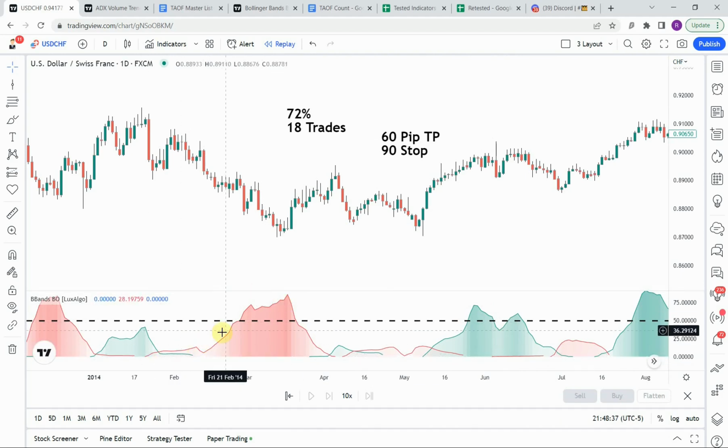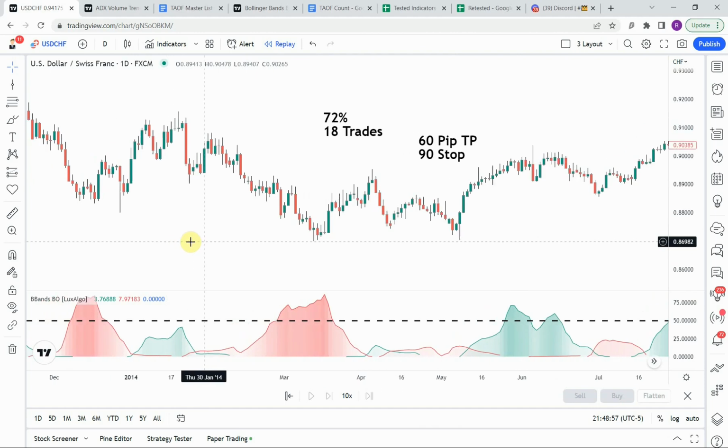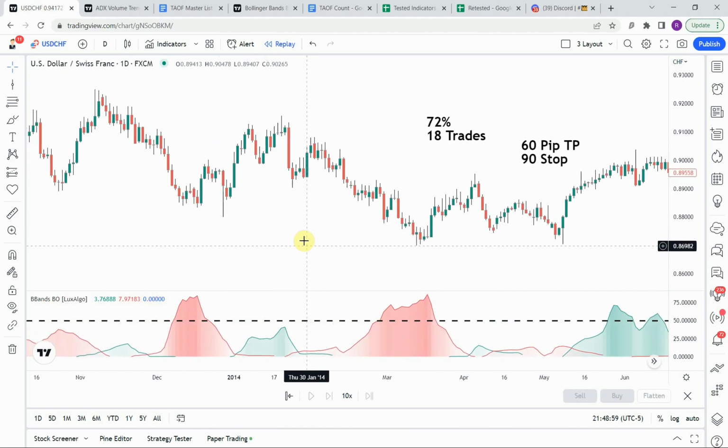What we're looking for was when this oscillating line spikes up above the dashed line here. Depending on what color it was, if it was red, that would be a signal to go short. If it was green, then that would be a signal to go long. And again, that's the way we tested it in the original video.